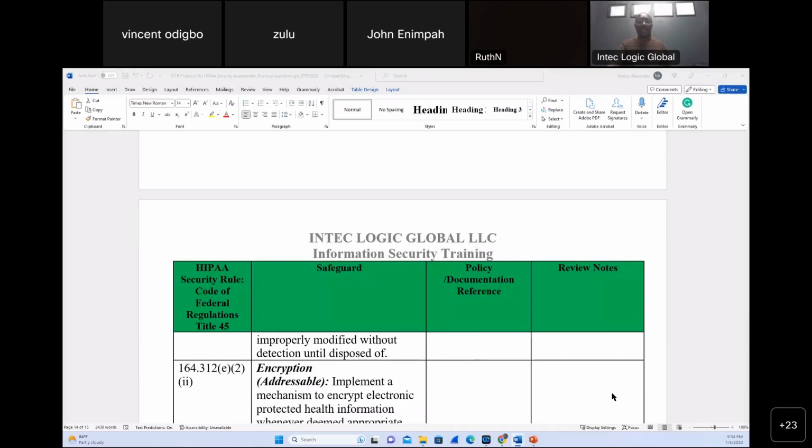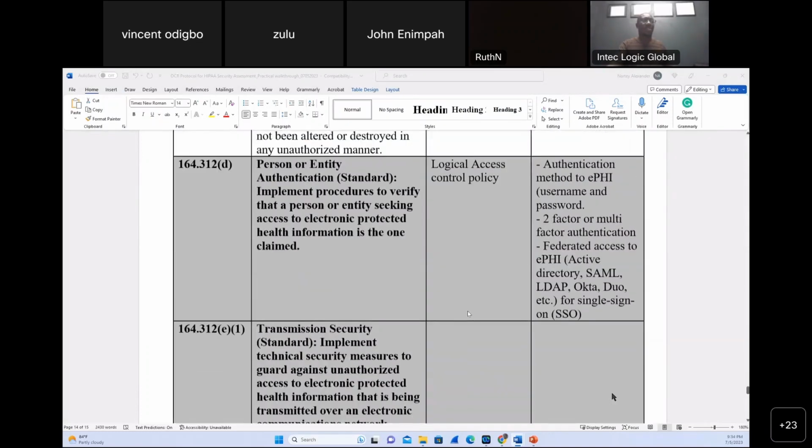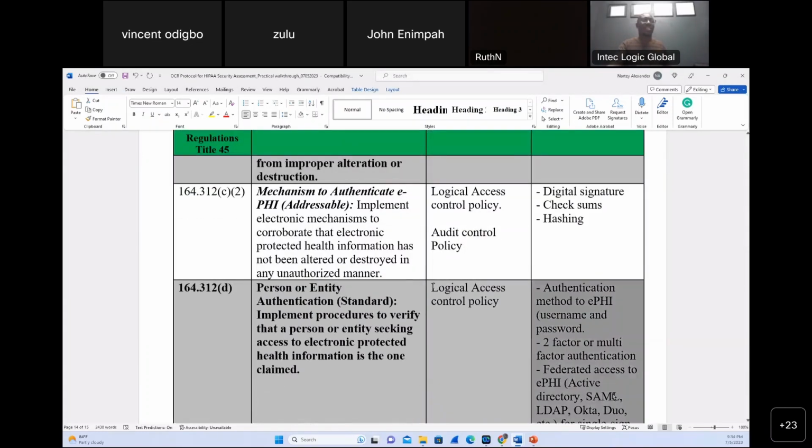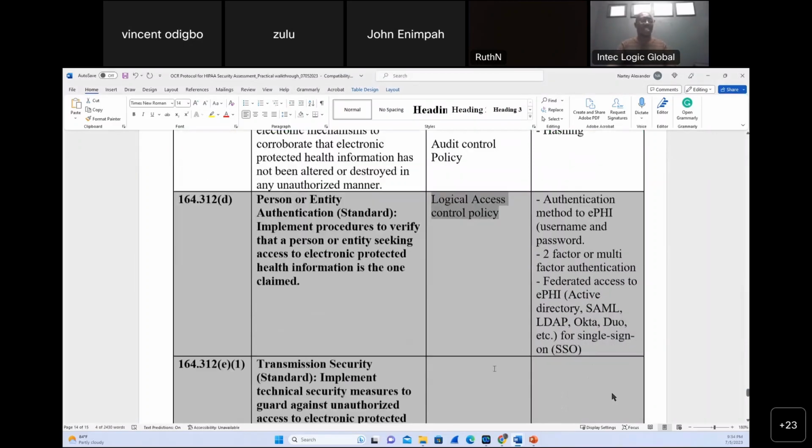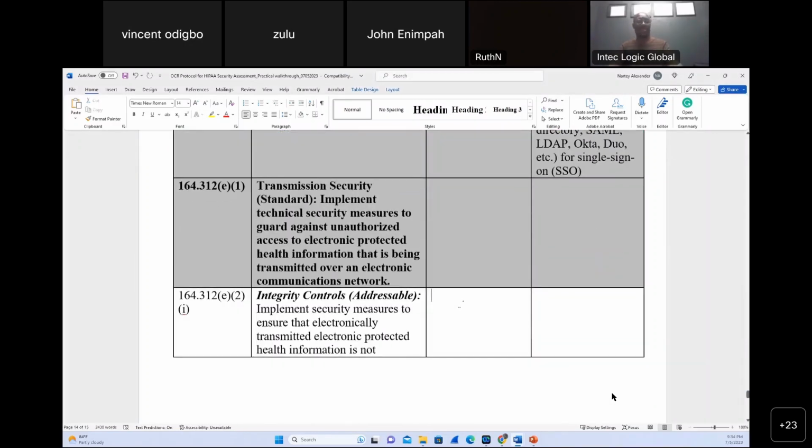So here, it can also be found within the same policy. So logical access control policy, or access control policy, is a huge policy. So the same policy, you can find that within. So here we're talking about encryption, right?